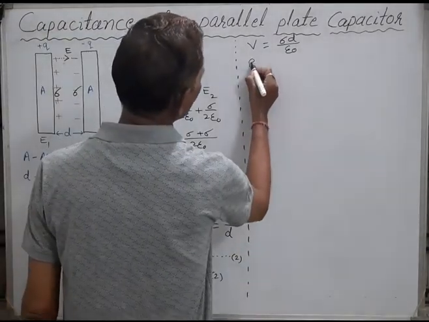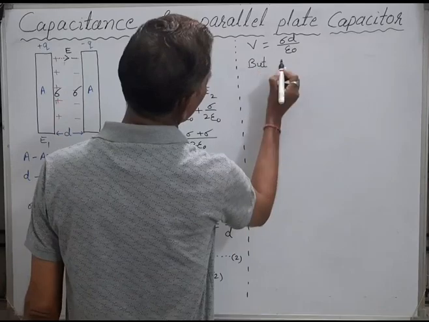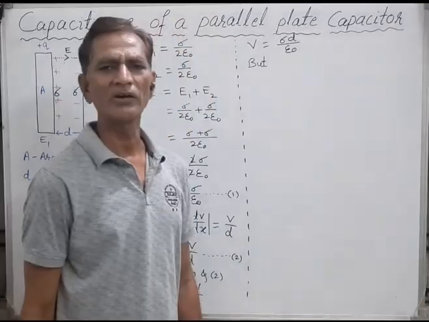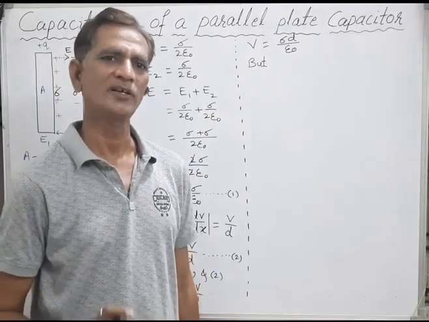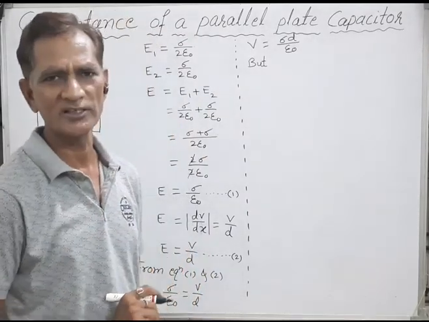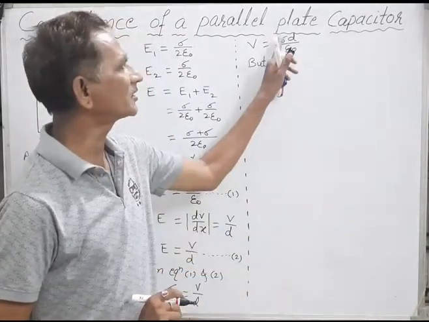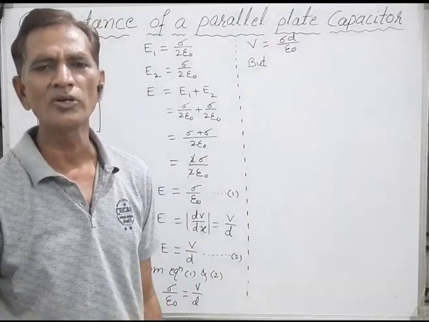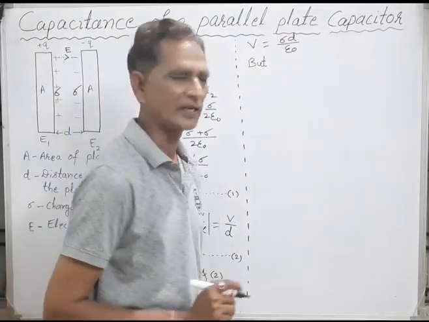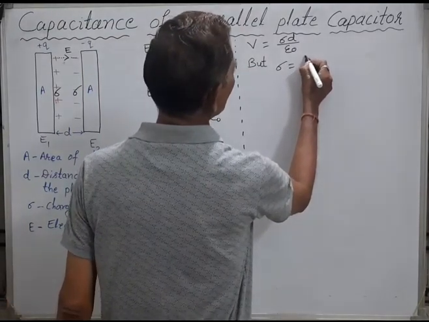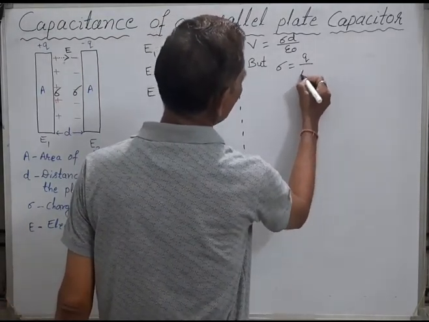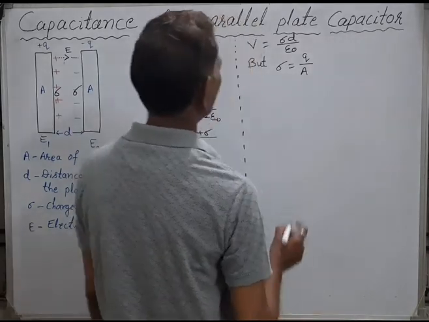But from our basics, we have a sheet containing charges. Therefore, surface density is there. That surface density is equal to charge divided by area, that is sigma equal to Q divided by area.